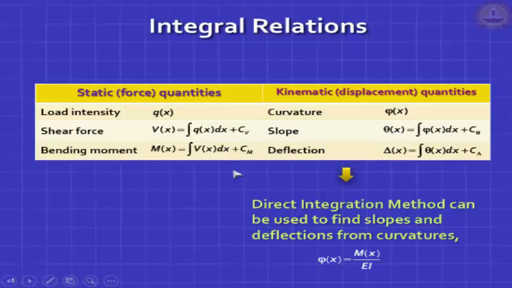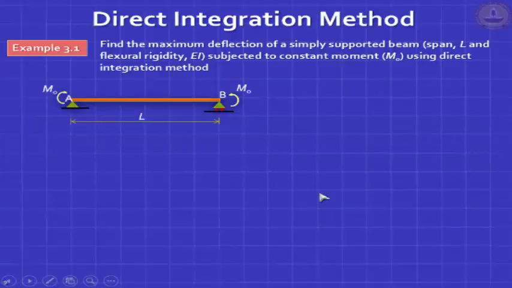Similarly, if you integrate the rotation, you get deflection, and that C delta is a constant here. So that's how you can do it. These are integral relations. You could find bending moments by integrating the load intensity twice and applying boundary conditions. Similarly, you could get deflection by integrating curvature twice and applying the boundary condition. Is it clear? This is a conventional method, and let's see how this can be done.